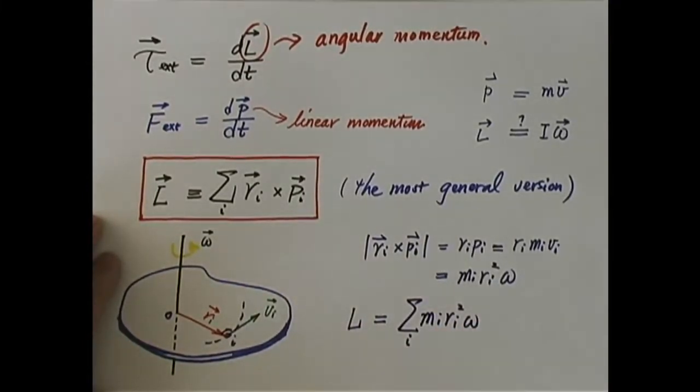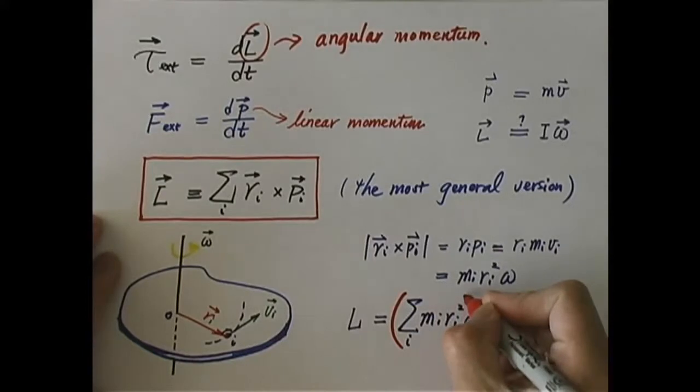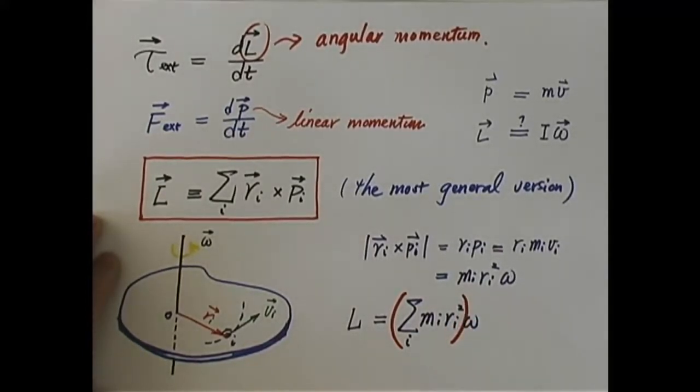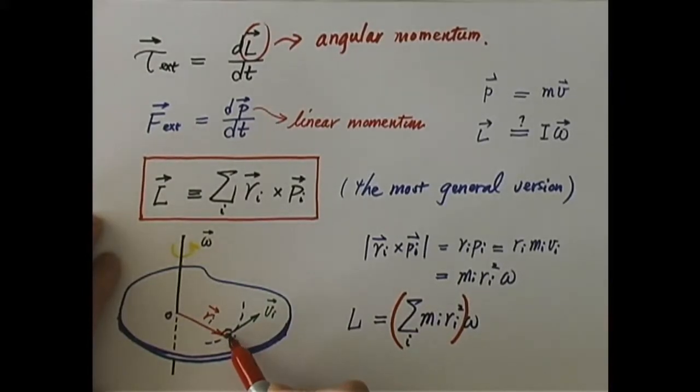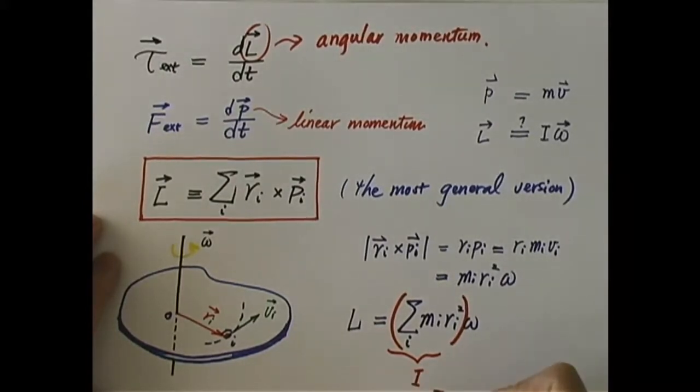Take a good look at what I got here. Now what is this? R sub i is the distance between that point and the axis of rotation. Isn't this I, the rotational inertia about this axis? So yes, indeed, we get L equals I omega.